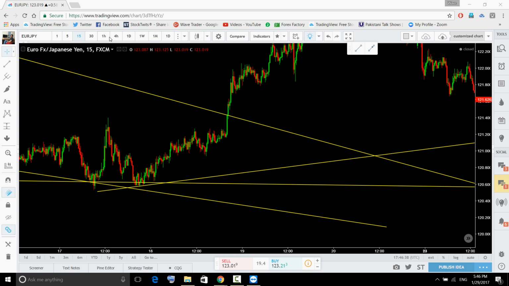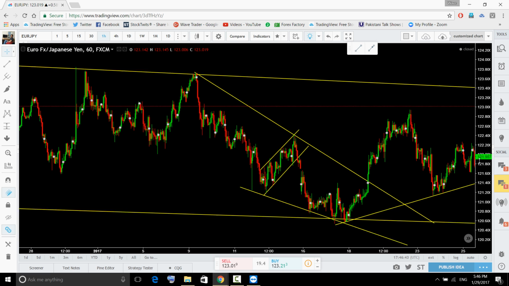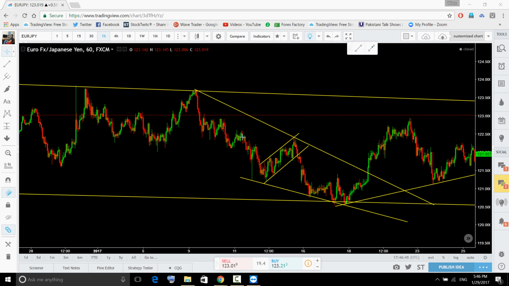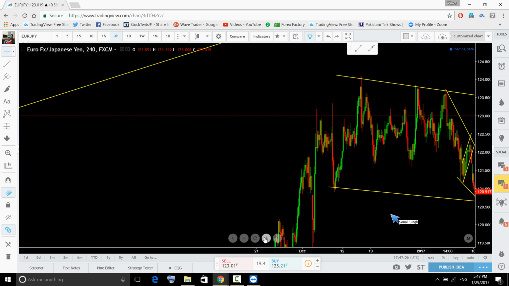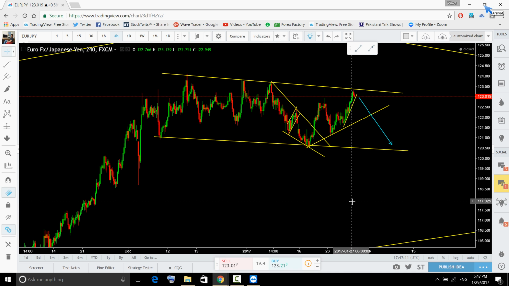Other information you can also use is that this move is not the start of a big move to the downside, and this pattern was also saying that it is going to reverse to the upside. All right, got that?